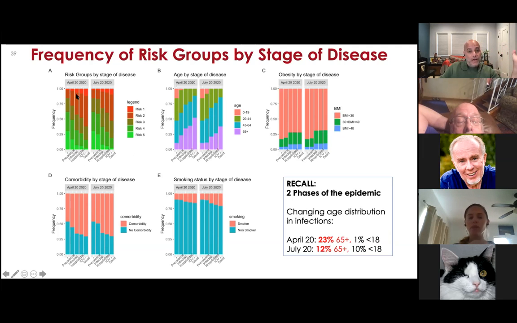And we can see how that changes in terms of the different risk profiles, where it's much more likely for the upper risk categories of risk 1 and 2 to be included in the ICU and the death count. And it's certainly dramatic to see the age difference between these two time periods when we look at who's infected and compare these two in terms of the older individuals who are much more likely to be infected in the early time period, again, compared to the later time period.